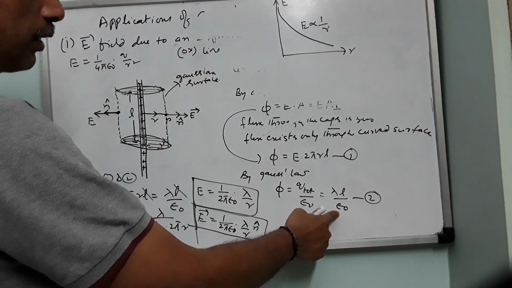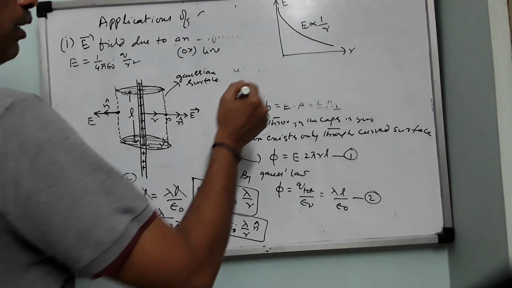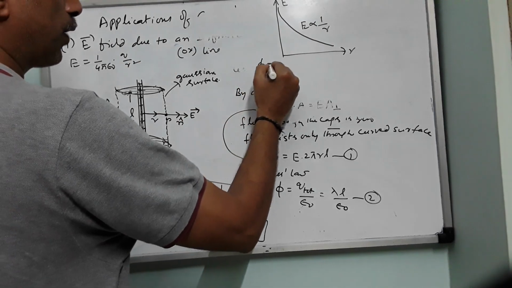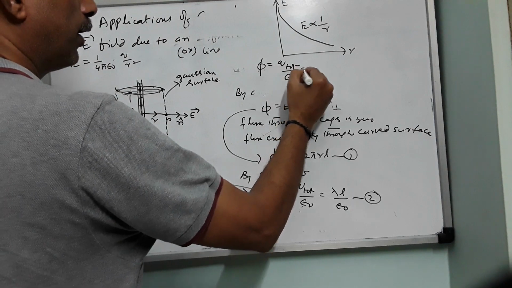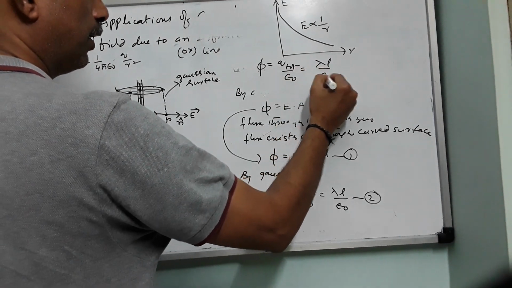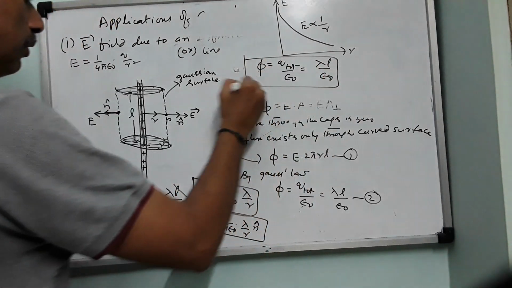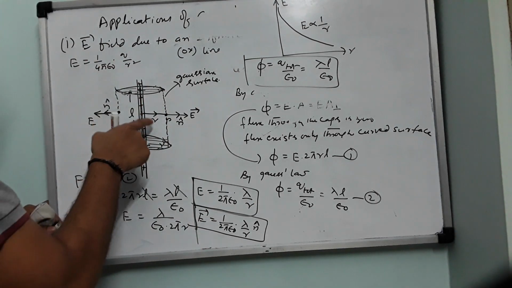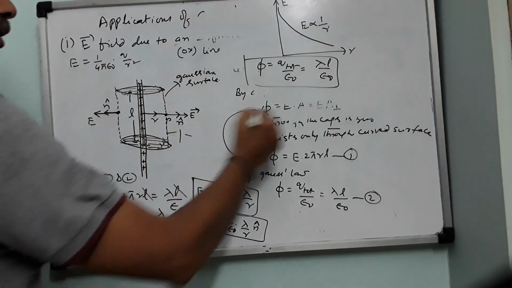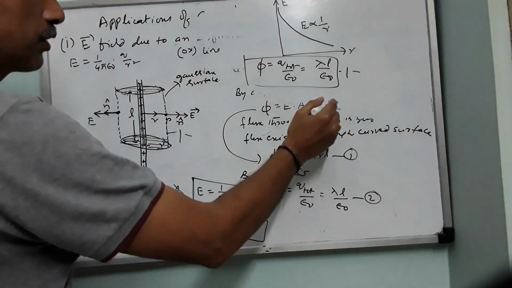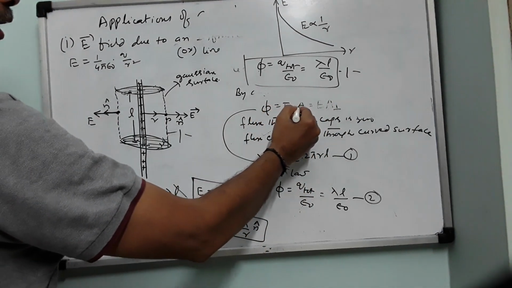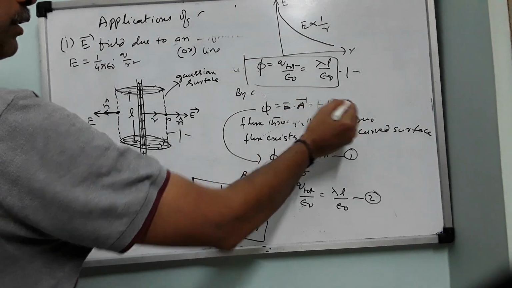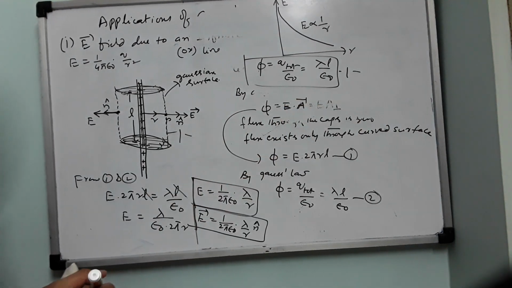Suppose flux is what you want: flux enclosed by any closed surface, phi equals Q total by epsilon 0, where Q total is nothing but lambda L. Only one step. You have to draw the diagram of the Gaussian surface; this carries 1 mark and this carries 1 mark. This intermediate step, phi equals E dot A, that is E into A perpendicular, is not necessary to calculate the flux.